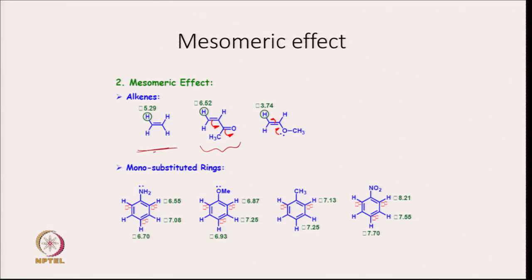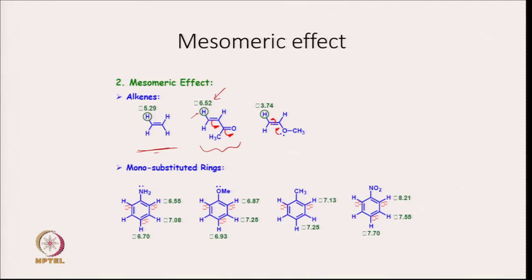If we go from a simple alkene to an alkene substituted with a COCH3 group, the CO group is in conjugation with this double bond, and so there will be a mesomeric shift in this direction. And so, you are removing electrons from this proton, and this proton will be in resonance at higher chemical shift.